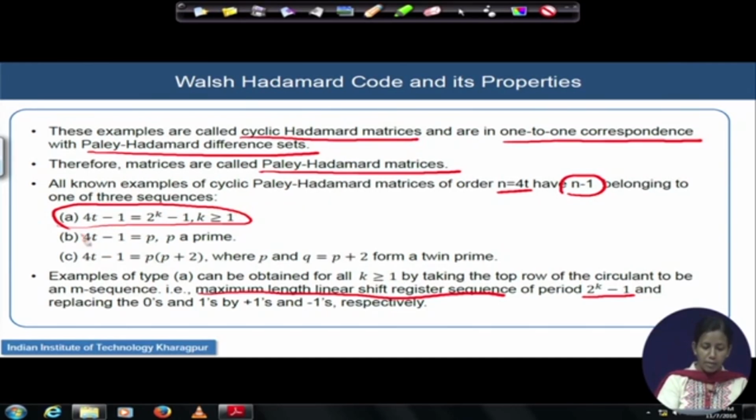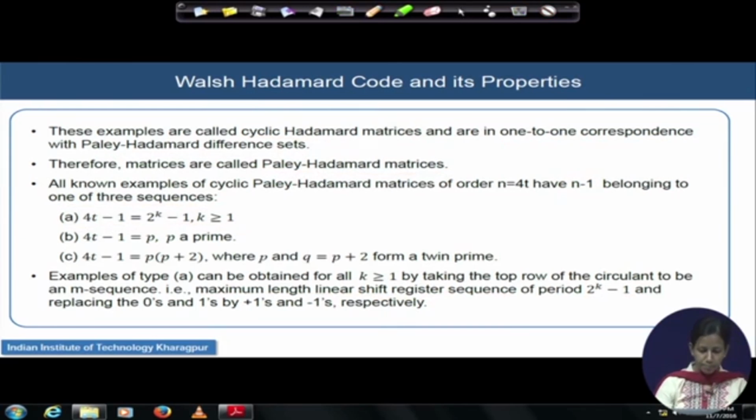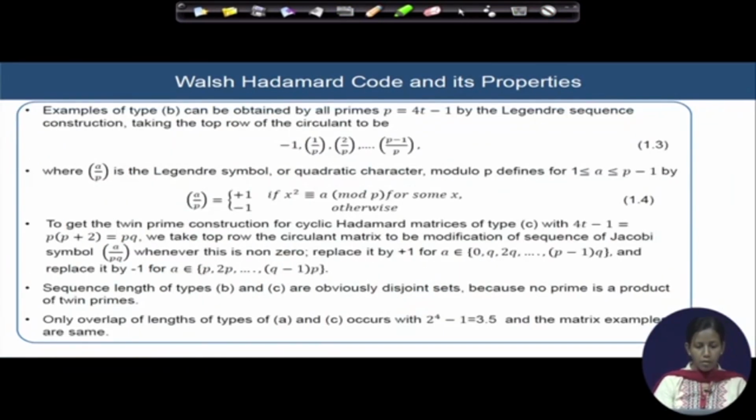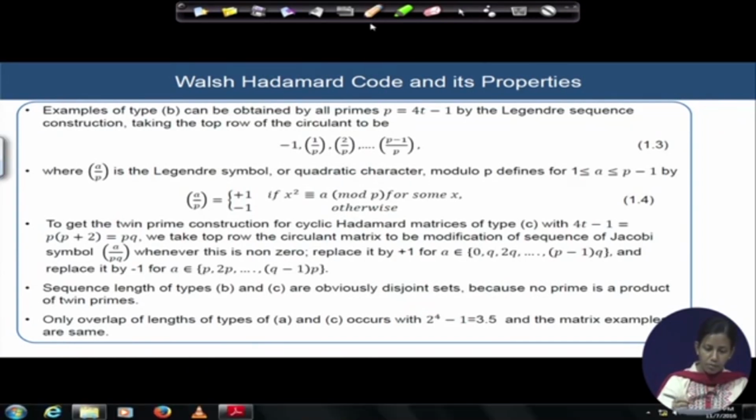For the second type, to generate the Paley-Hadamard matrix of type B, where p is a prime number, it will be generated like this. For the second type of Paley-Hadamard matrix, for all primes p equal to 4t minus 1, we start with the Legendre sequence.